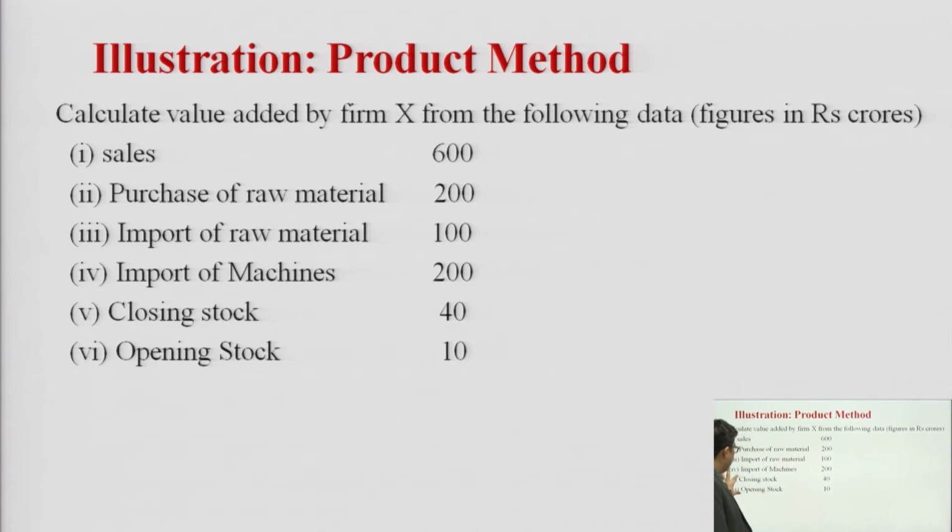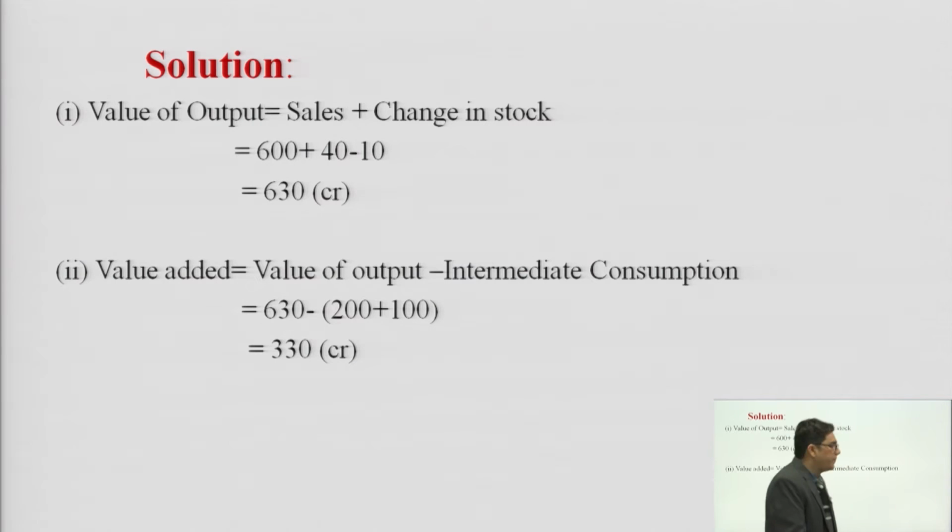Just see here, both closing stock and opening stock are given, so we need to calculate the change in stock, simply 40 minus 10. Otherwise, the change in stock could be given directly, then we need not do the subtraction.